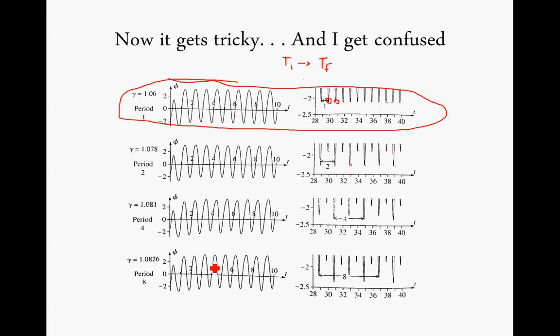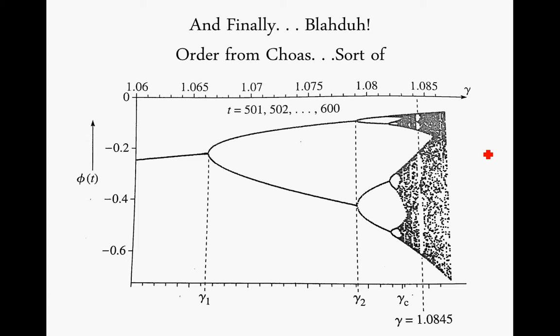And when we do that, we end up with a bifurcation diagram. This one's from the John Taylor textbook again, and it's evaluated in the range from 1.06 to almost 2.0.